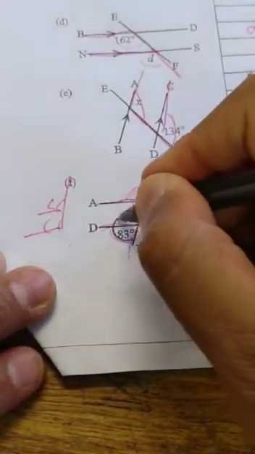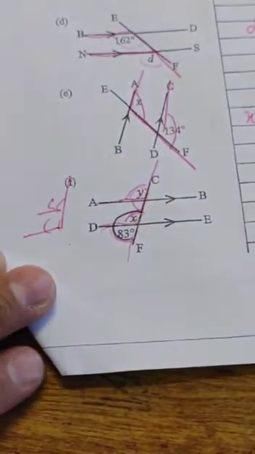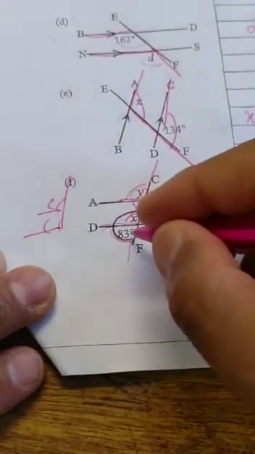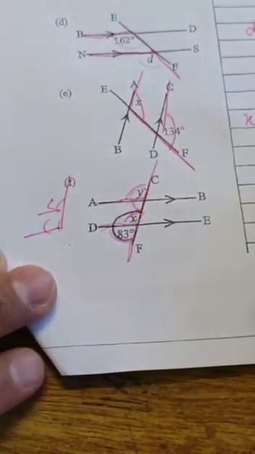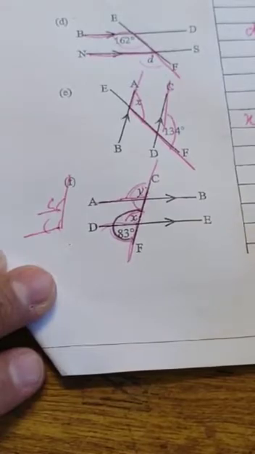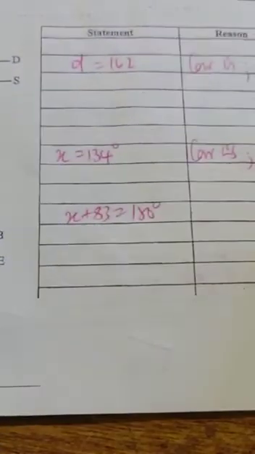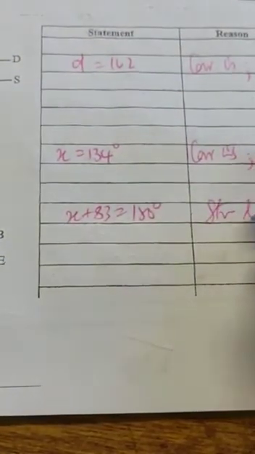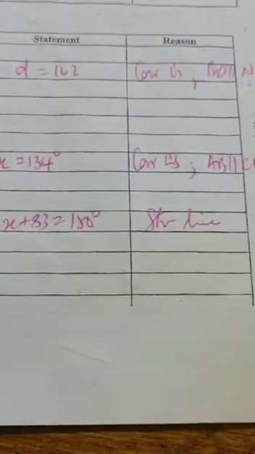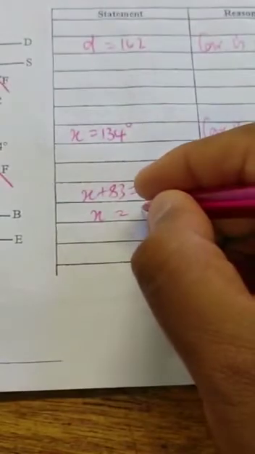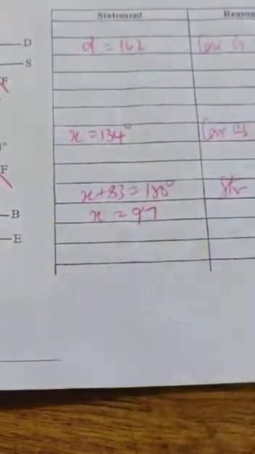However, we know that 83 plus X adds up to 180. Why? Because there are angles on a straight line. So it's X plus 83 equals 180. So X works out to be 180 minus 83, which is 97.